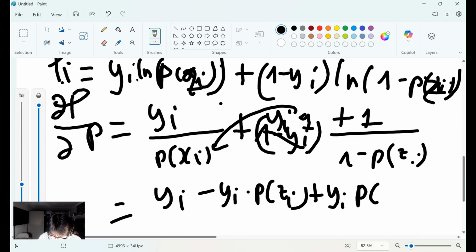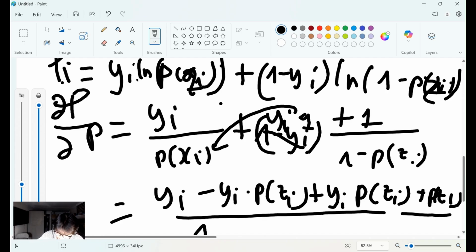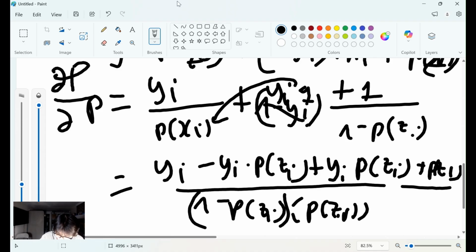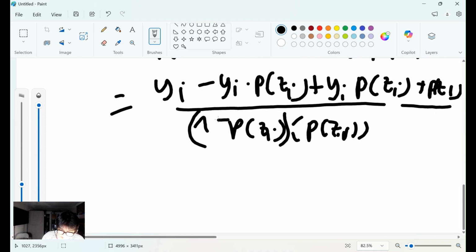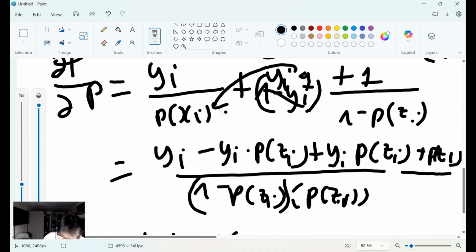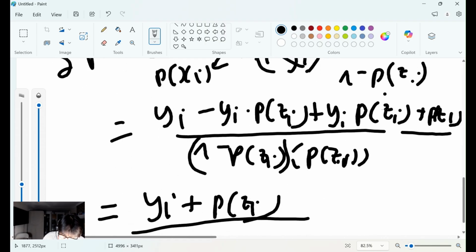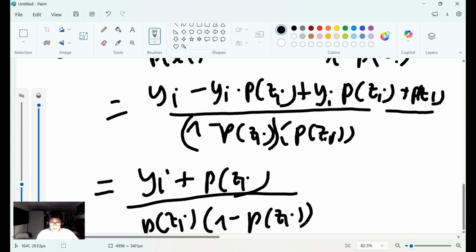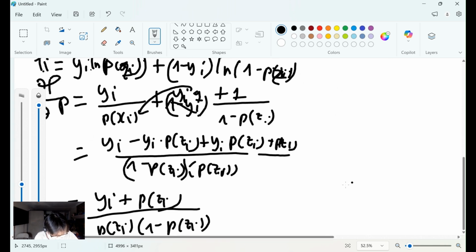So we get yi plus p of zi over p of zi multiplied by 1 minus p of zi. That's interesting. Very interesting.